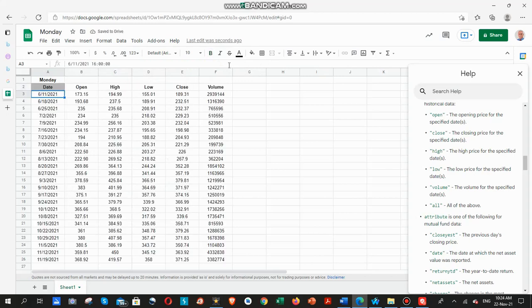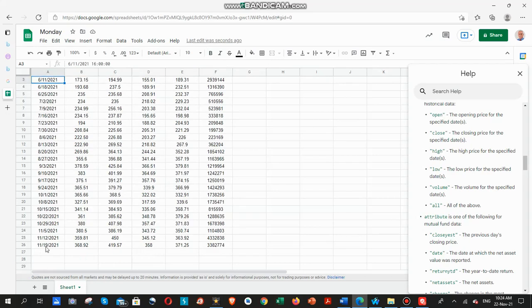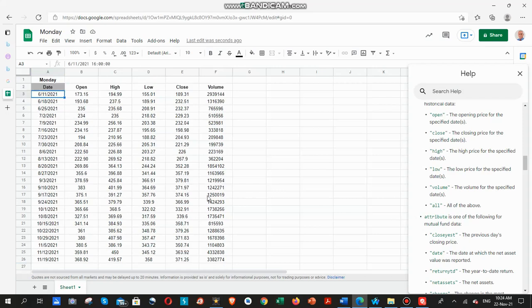How about that? The date, the opening price, the high price, the low price, the closing price, and today's volume since the 11th of June until current trading.